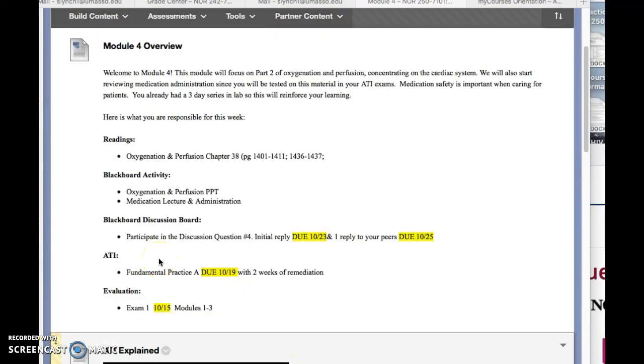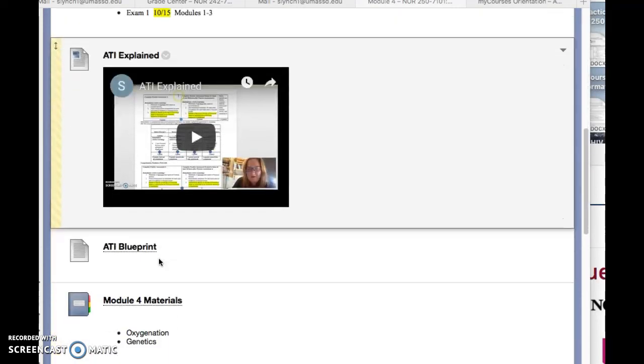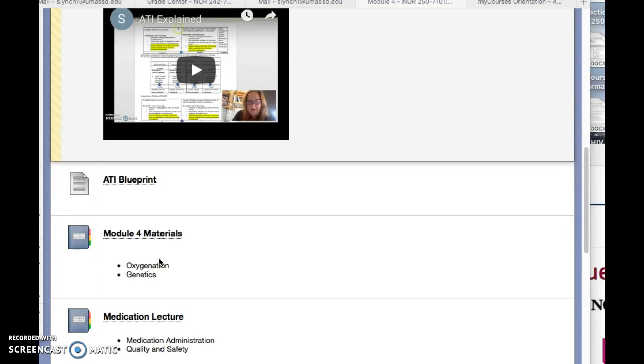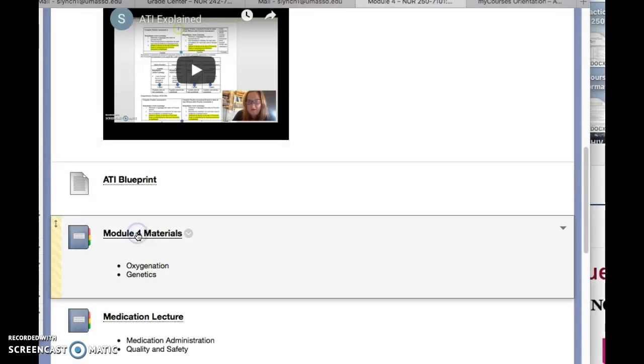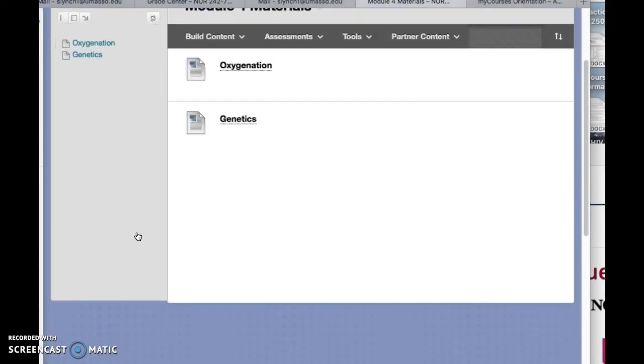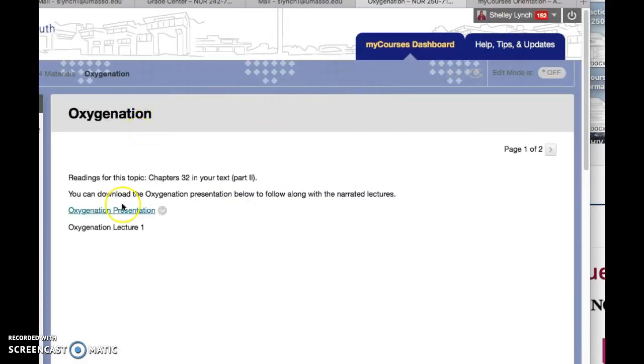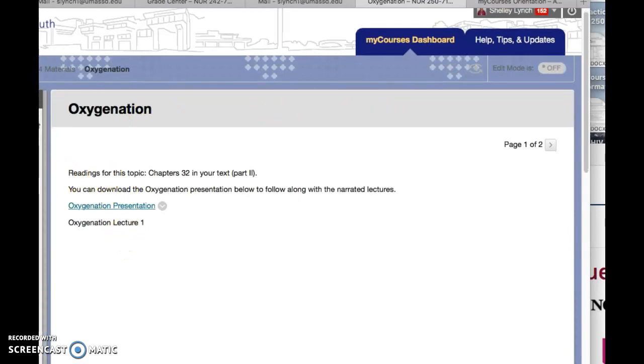Sorry to skip around. I just wanted to make sure of the next part of the exam, which is on genetics. I couldn't find it, but it's right here under module 4. You're going to have 2 questions on genetics, so make sure you review your genetics.